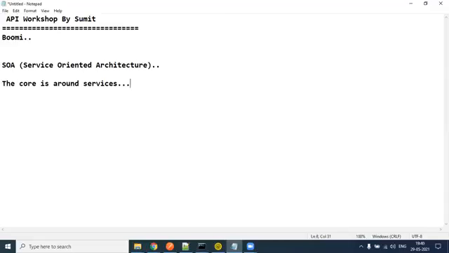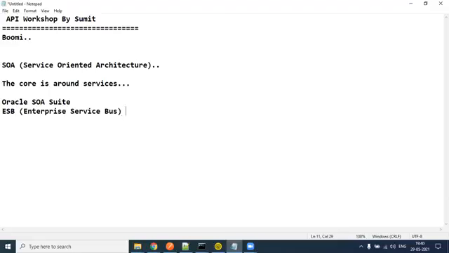This architecture has been implemented by different vendors, and they have come up with different tools. One of the tools you might have heard of is Oracle SOA Suite. There are different ESBs in the market. What does ESB stand for? Enterprise Service Bus.